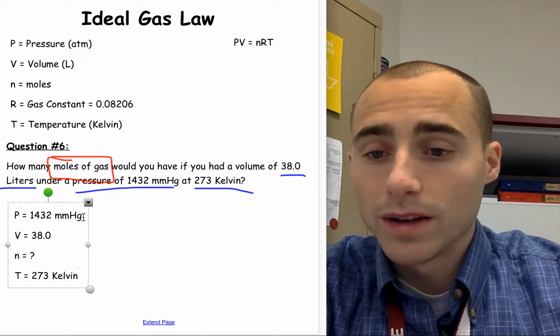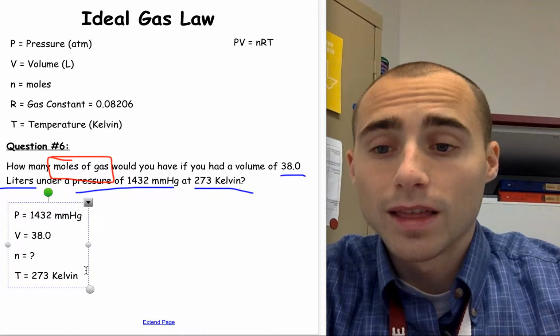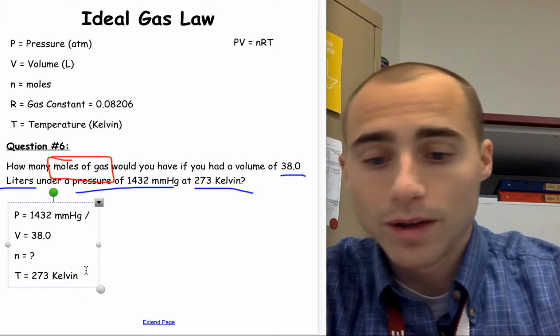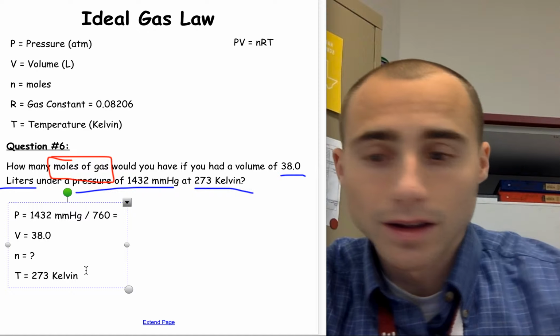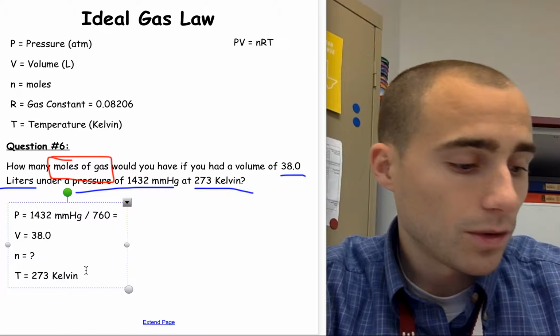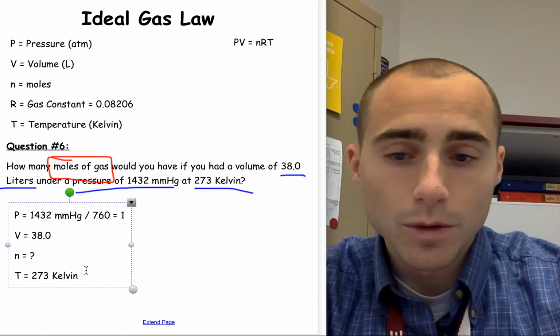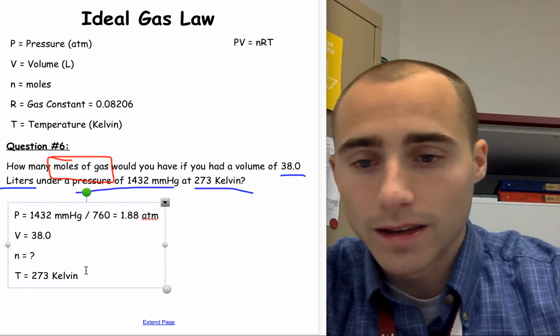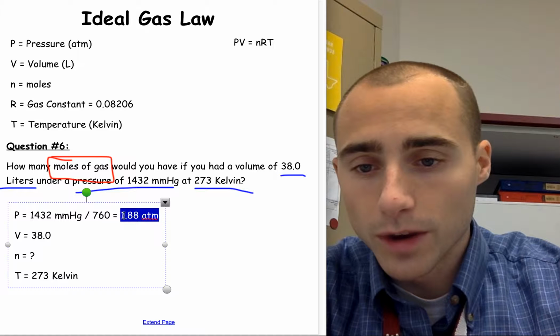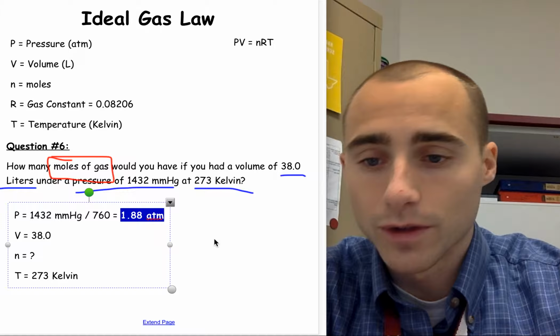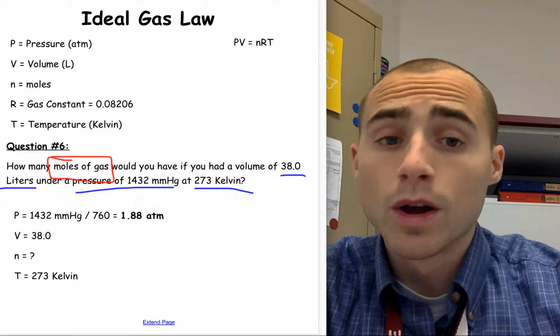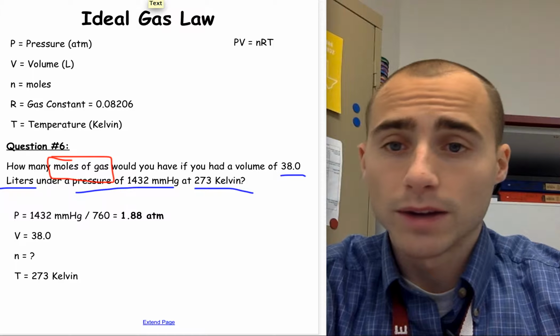So first thing we need to do, we need to change pressure into atm. To do that, we need to divide by 760. So you've got 1432 divided by 760, and that's going to give you 1.88 atm. So that is the new pressure we're dealing with. Always have to do that conversion first. If you didn't do that conversion, you should go redo this problem right now before watching the rest.